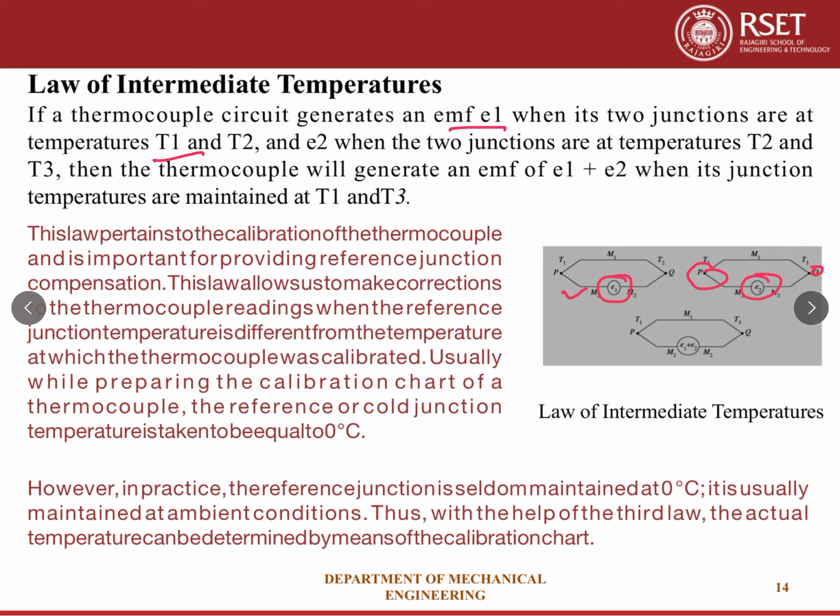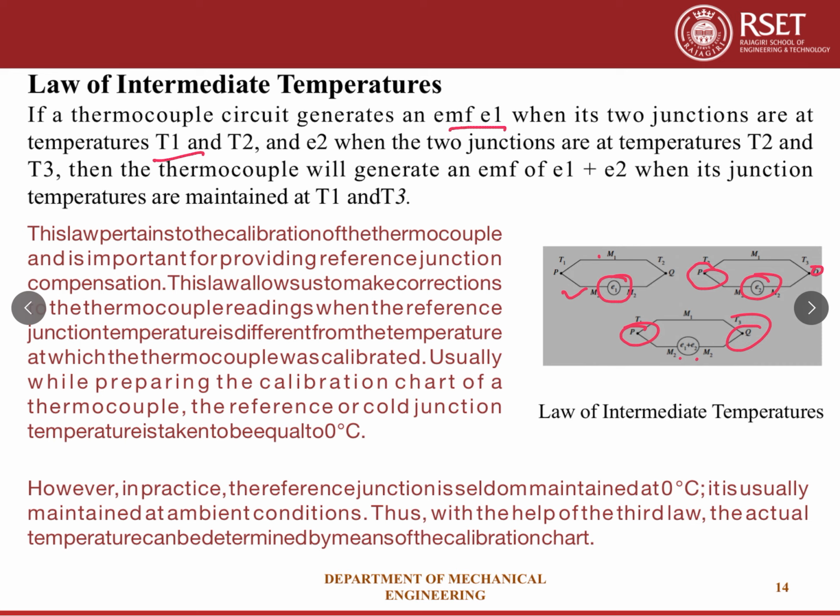That is another thermocouple. Suppose we have a circuit with the extreme temperatures T1 and T3, instead of T1 and T2 or T2 and T3. Then the EMF generated will be E1 plus E2, the sum of the EMFs of these two. So that is the law of intermediate temperature.